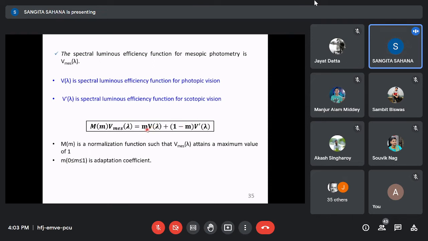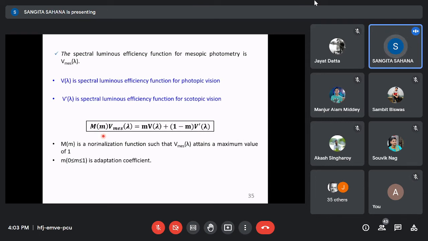When the value of M is 0, this part is 0, and it will be V dash lambda, scotopic. So for M between 0 and 1, all others will be mesopic.